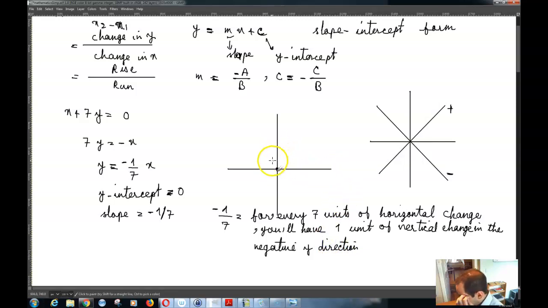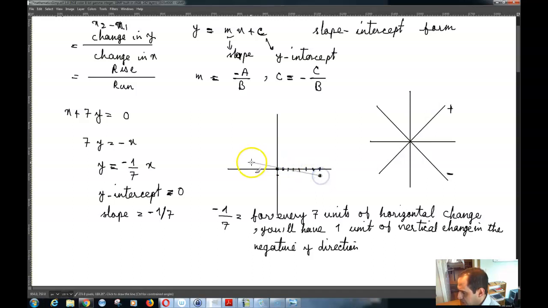So what that means is that, suppose that you start from this point, and then for every 7 units of horizontal change, meaning 1, 2, 3, 4, 5, 6, and 7, you have 1 unit of vertical change in the negative direction. That means that you will end up over here: 1, 2, 3, 4, 5, 6, 7, and -1 over here.